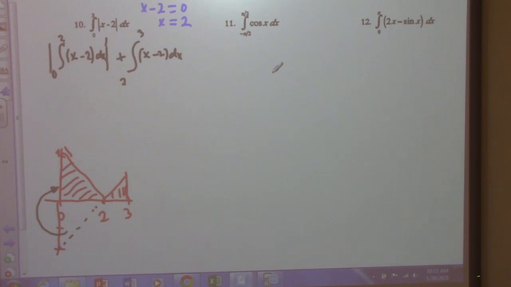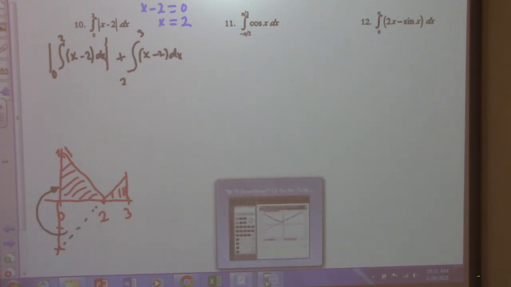You'll figure out what's going on. Okay? But you can do that pretty easily with a calculator, right? Do you know how to do the absolute value in the calculator? Yes, abs. ABS.